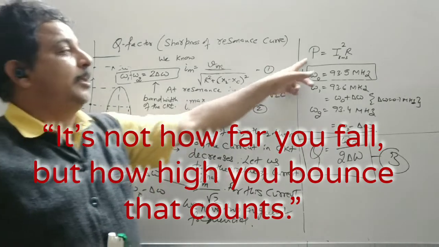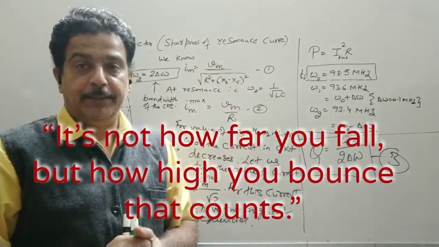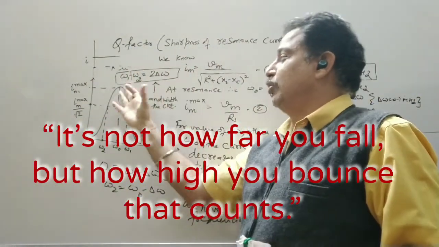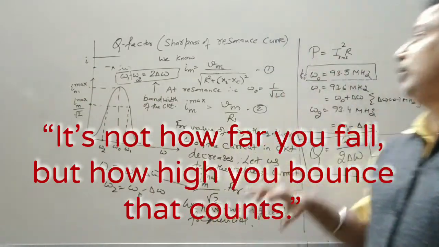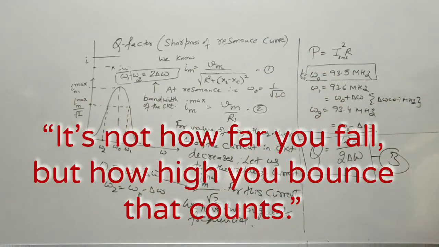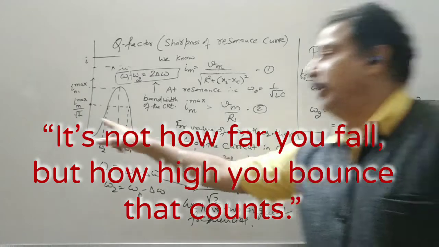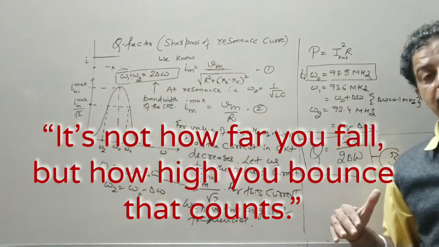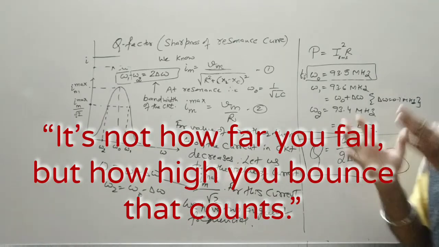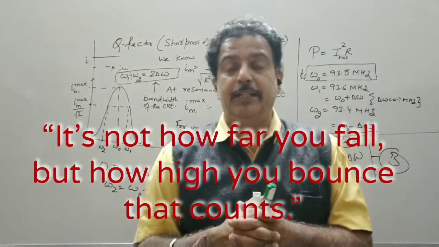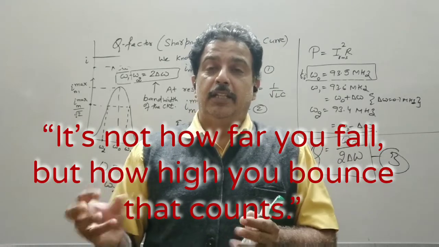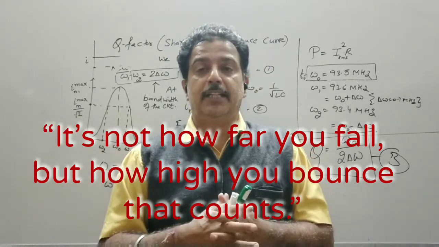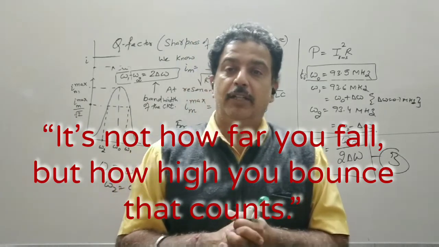Now power is directly proportional to the square of the current. So if the current at resonance is Im max, we have the maximum power dissipation or the power consumed. And at this value, if we substitute Im max by root 2, the power consumed is half. So it means half of the energy given by the source, that is the supply, to the resonant circuit is dissipated in the form of a loss.